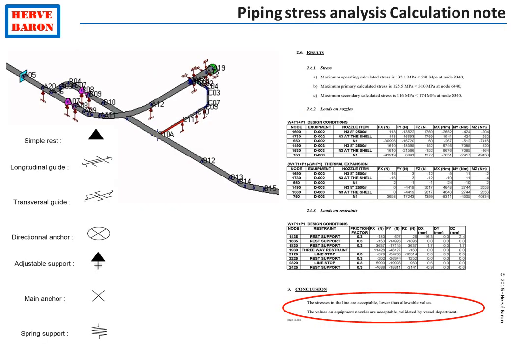The piping support engineer inputs the geometry of the line as well as the position and function of the supports it proposes for this line in a finite element calculation software. The software calculates, based on the line maximum operating temperature and pressure, the stress in the various parts of the line, and also at connections to equipment nozzles.